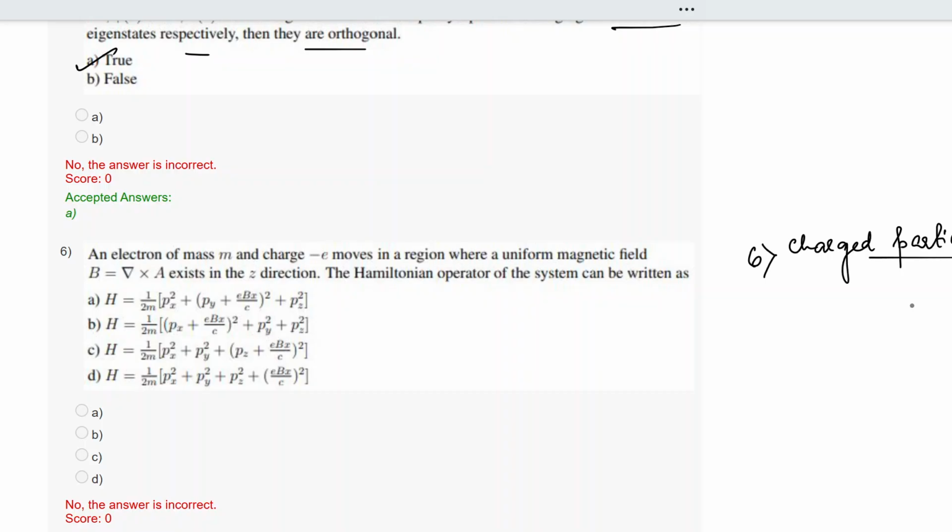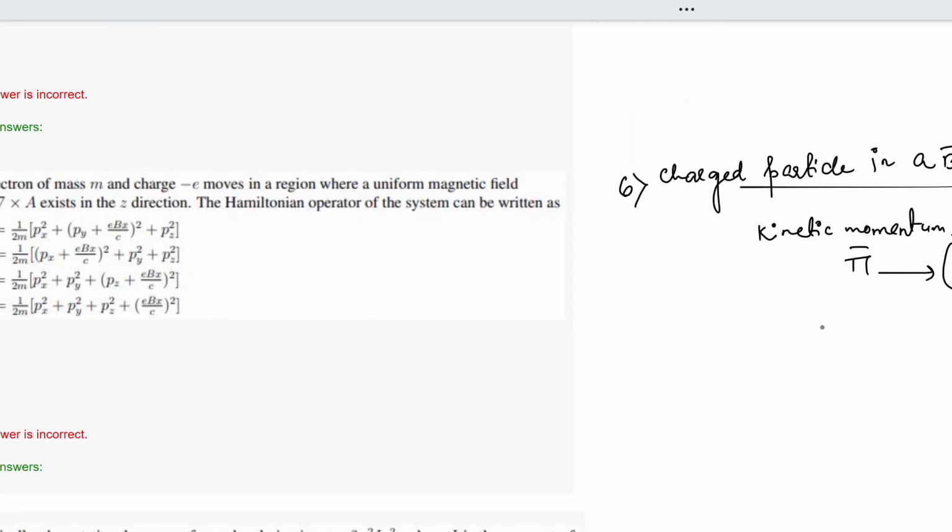So here the momentum, which is the kinetic momentum, changes because of this vector potential. Kinetic momentum pi vector is equal to p vector minus q A by c. 1 by c comes because we use the CGS unit convention, and q is the charge of the particle.